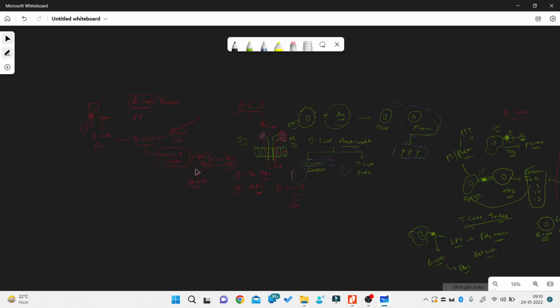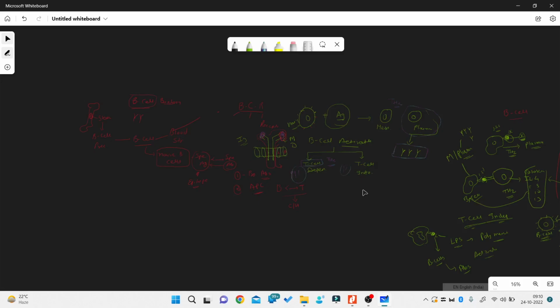When these naive B cells encounter this part of antigen called epitope, they get partially activated but are not able to produce antibodies because they require certain growth factors and differentiation factors like interleukins. That will be provided by T helper cells.